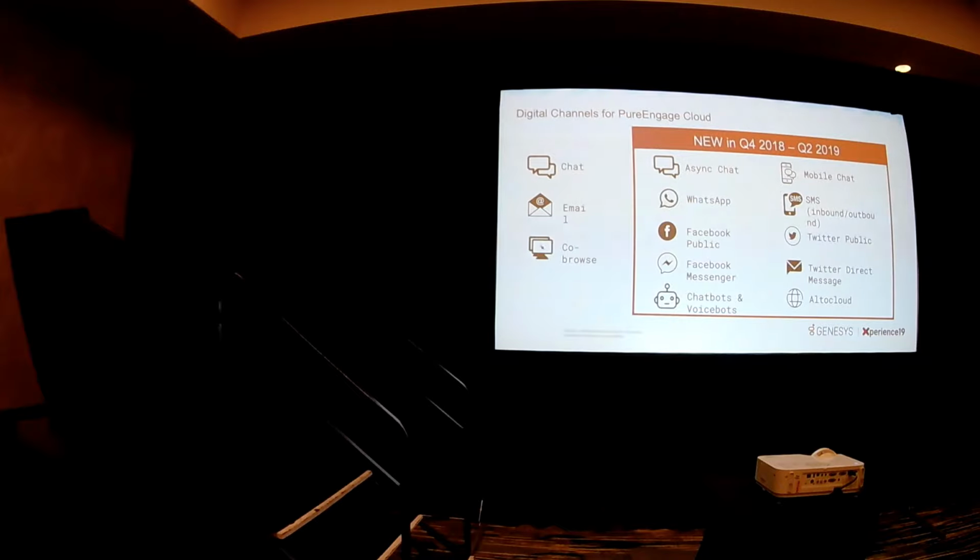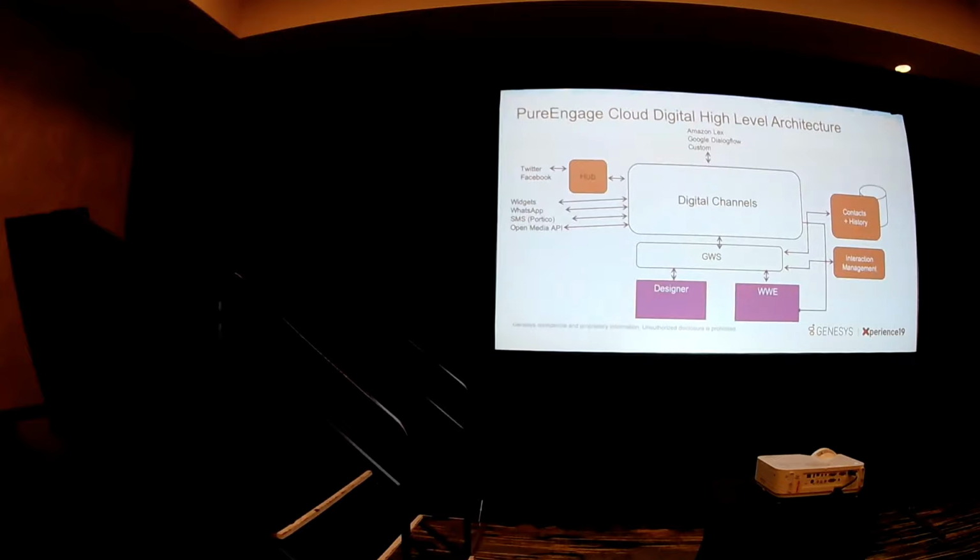Facebook public and Twitter public, so typical social interactions, we can capture those and deliver them down to an agent. Facebook Messenger and Twitter direct messaging are more like chat channels over those two, so we do Facebook Messenger, which was a big ask a while back. Twitter direct messaging, of course, and then I mentioned chatbots, voice bots, and this also enables Alto Cloud. So we delivered a lot of channels, if you will, for PureEngage Cloud.